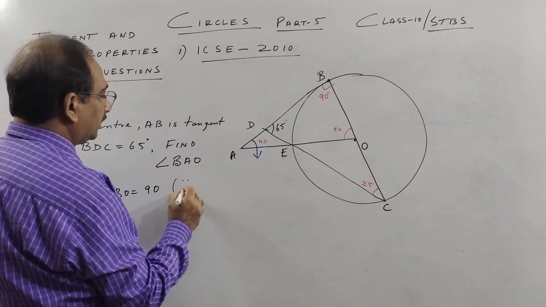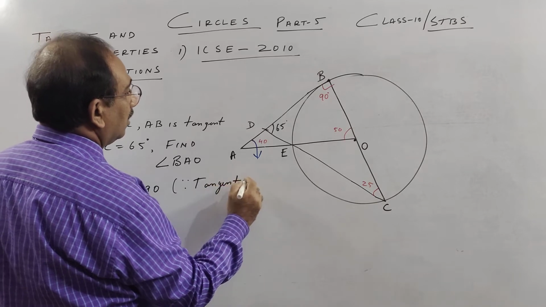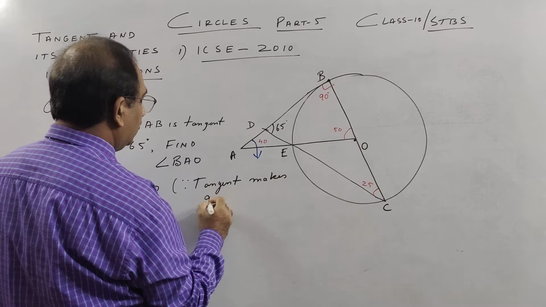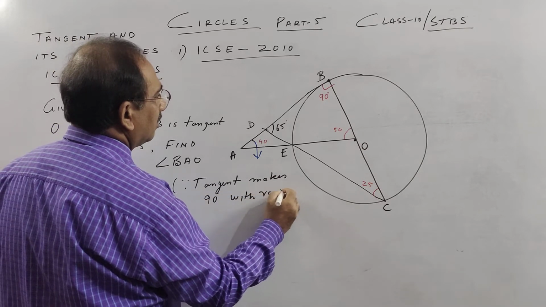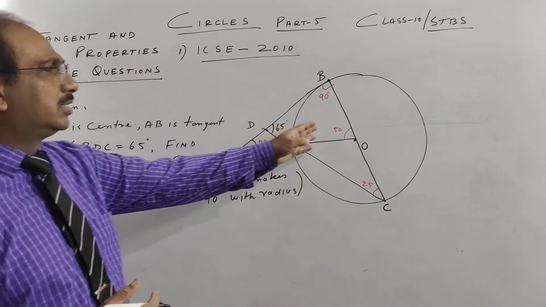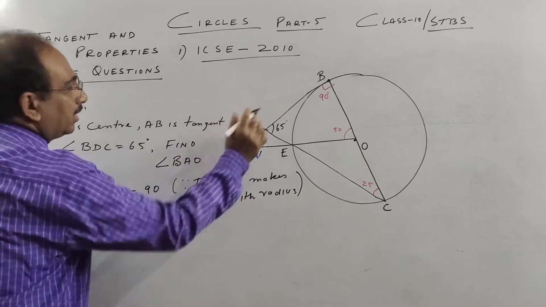Since the tangent makes 90 degree with the radius, see the wording in the book, children. The tangent and radius at that point of contact are perpendicular, you can write perpendicular also. We get 90 degree.